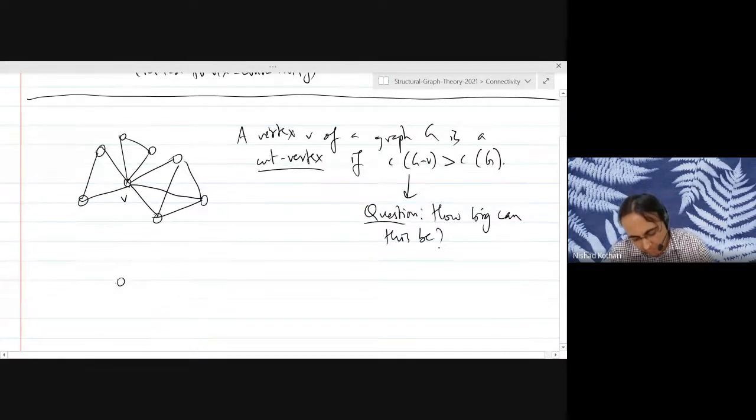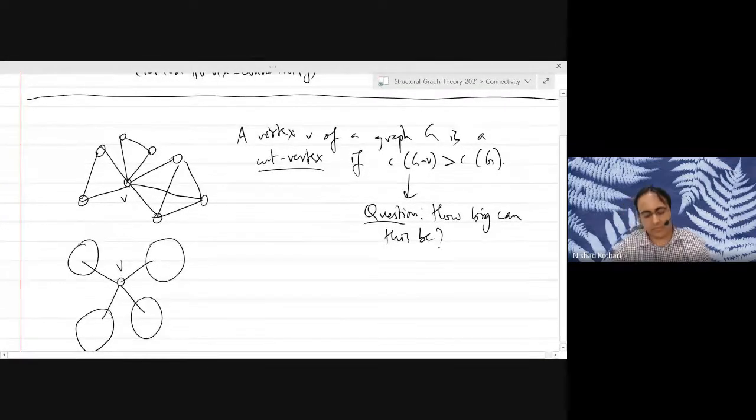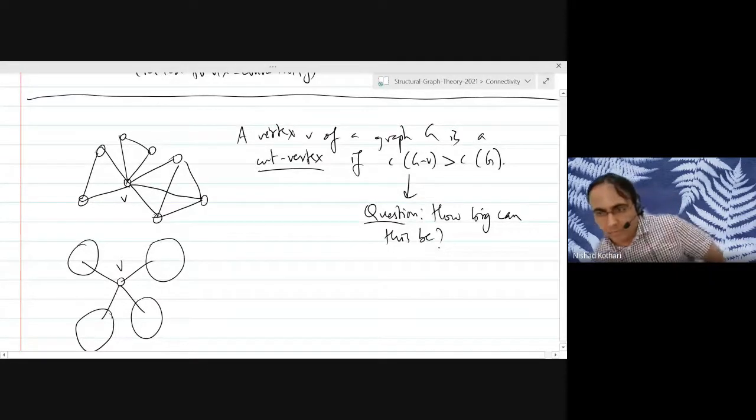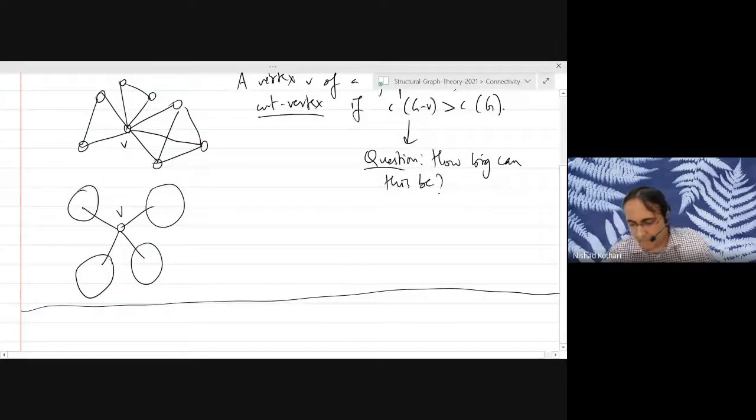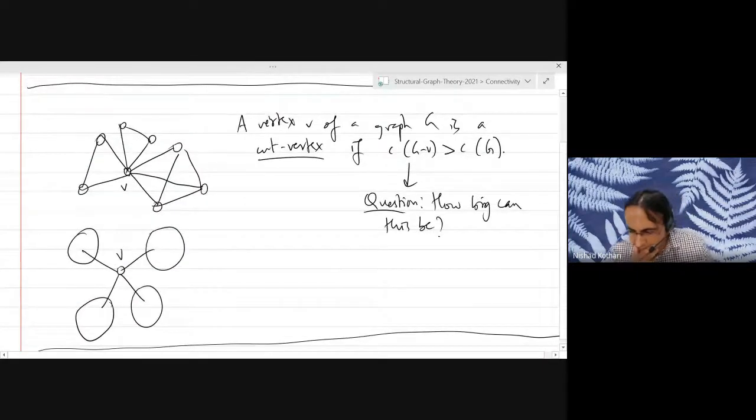Because each of these could be separate components. If the degree is 4, you will not get more than 4 components than the previous graph. Okay? Good. All right.